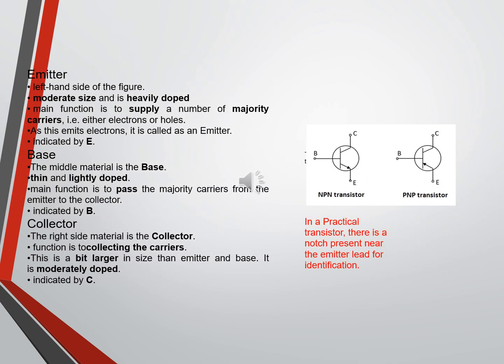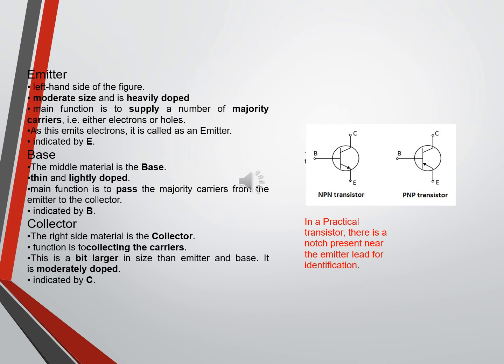When we talk about the emitter, it is always the left hand side of the figure, it is of moderate size and it is heavily doped. The main function is to supply a large number of majority carriers. The majority carriers can either be electrons or holes.